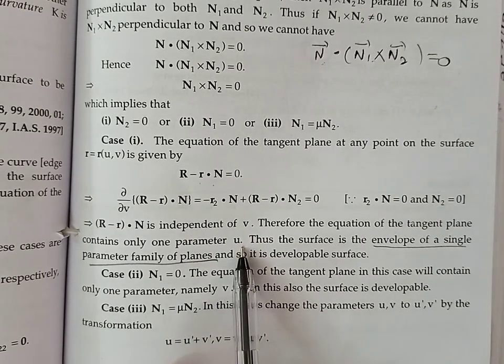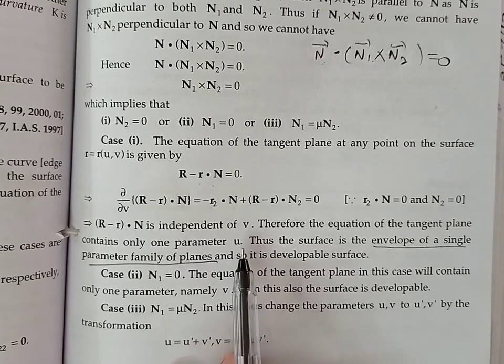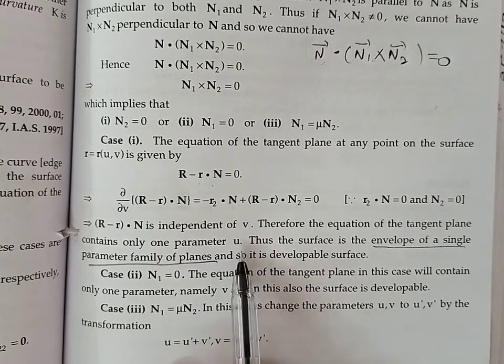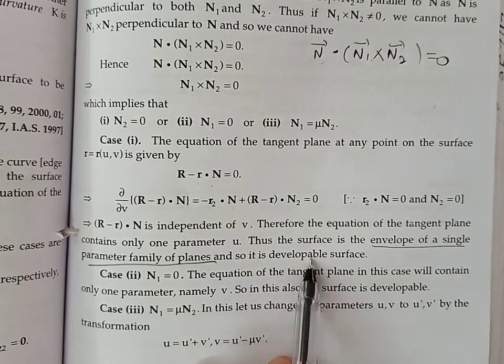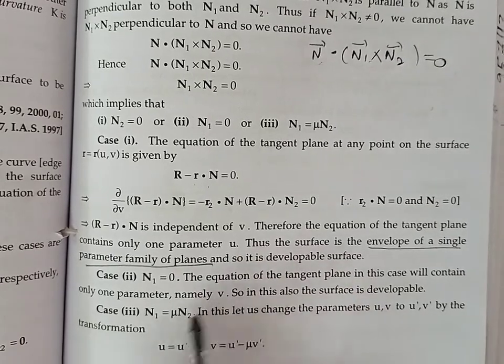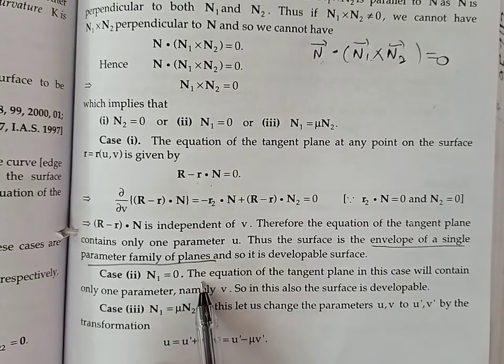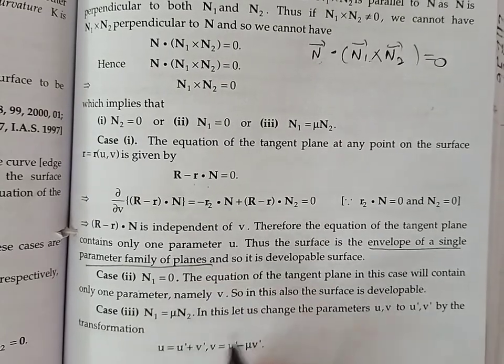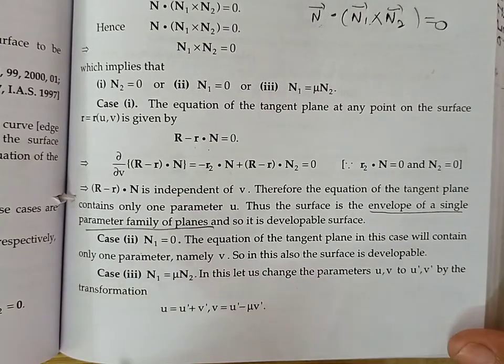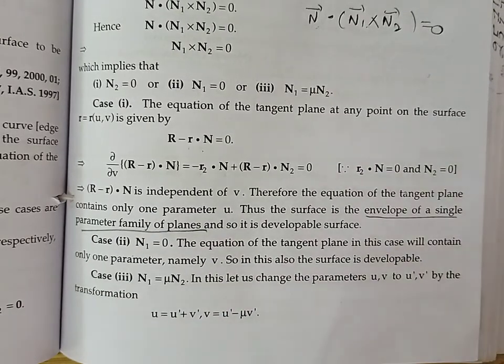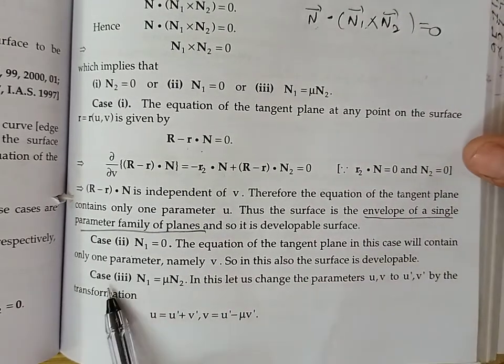And by definition, if a surface is the envelope of a single parameter family of planes, then it is a developable surface. In the same way, if we take n1 equal to 0, we can prove the surface is developable.